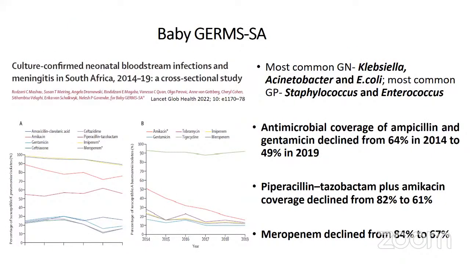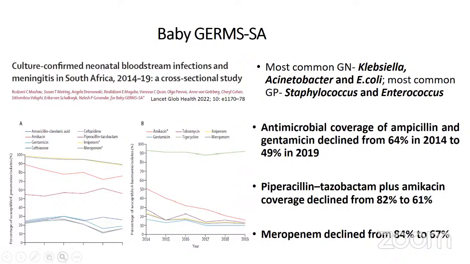This is a South African study looking at neonatal bloodstream infections and meningitis from 2014 to 2019. You can see the common organisms from this paper are Klebsiella and A. baumannii among the gram-negatives, and for the gram-positives, Staphylococcus aureus and Enterococcus.